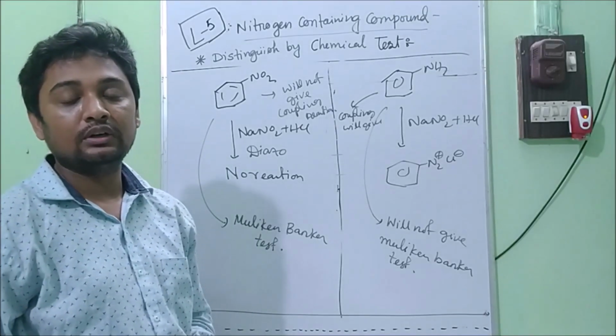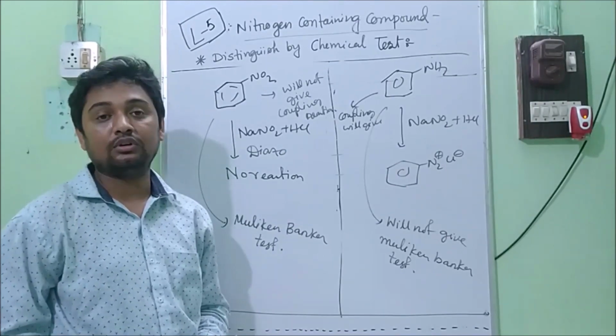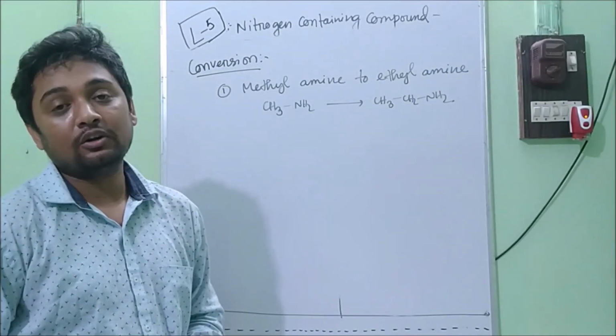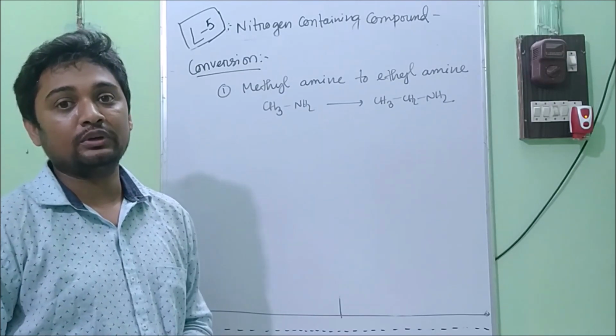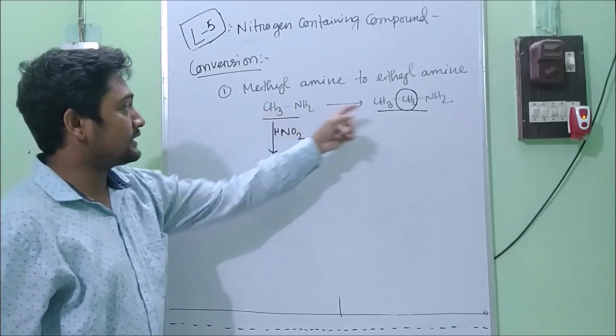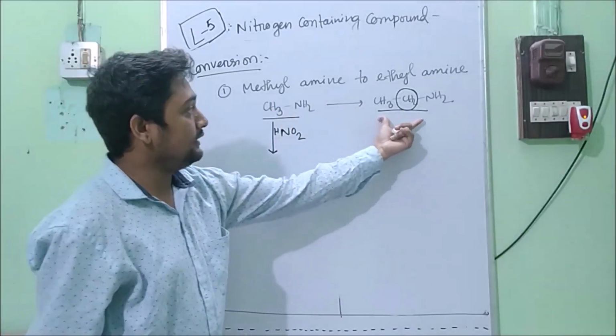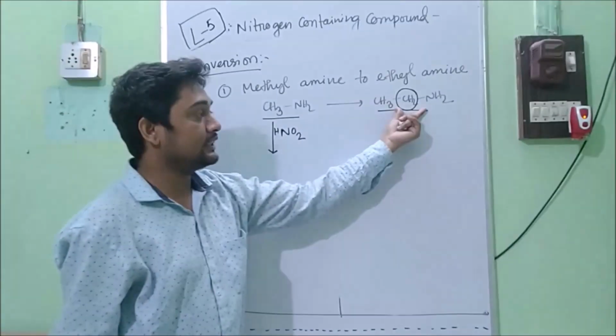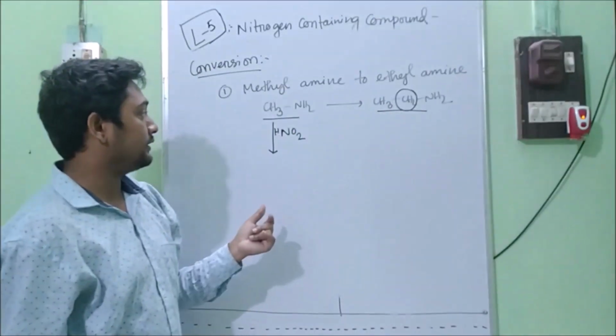Now we will go for some organic conversions. Now I will discuss some organic conversions that are very much important for your exam. First one, methylamine to ethylamine. Look at the structure. In this ethylamine there is an extra CH2 group, so we need to introduce one CH2 group in this methylamine.